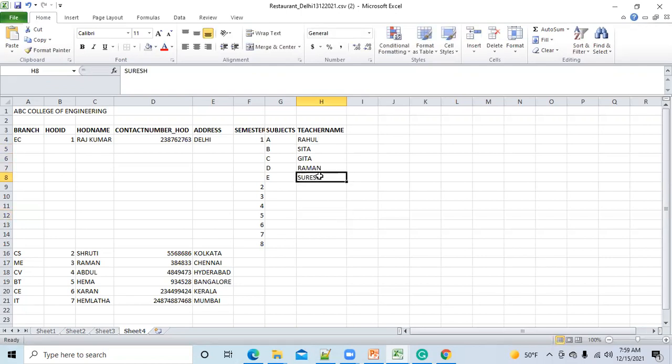Now maybe you want these teacher IDs as well: 1, 2, 3. I've taken only HOD ID here, 1, 2, 3, 4, suppose just mock data. Maybe like 101, 201, 301, 401, 501. And then maybe you want the teacher contact number as well. We're having some value here.